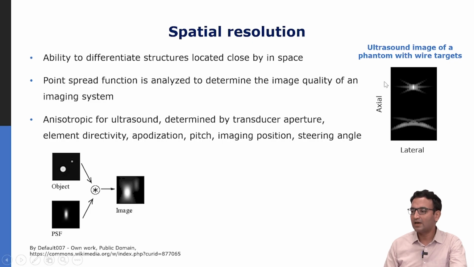So there are two wire targets at different depths, and as you can see, the point spread function is actually spatially dependent in this case. It's not exactly the same, and it's blurred out in a certain way. But you can also see that in the axial direction, the blur is not so strong, and in the lateral direction, it blurs it out, stretches it out more. So this is because the point spread function of an ultrasound image is anisotropic.